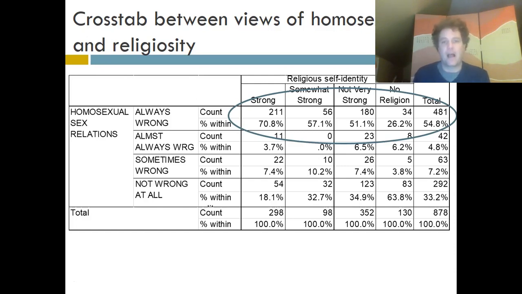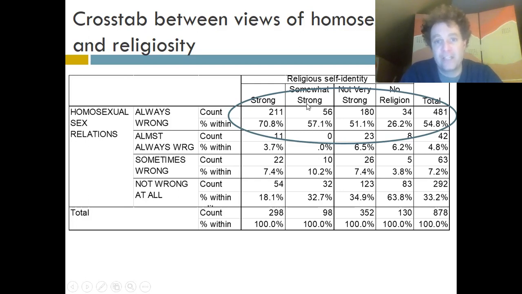Yes, a person's religious self-identity does seem to be having an effect. This independent variable does seem to be causing the dependent variable of views of homosexuality. Somebody who strongly identifies as being religious, 70% of these people think that homosexual sexual relations are always wrong.